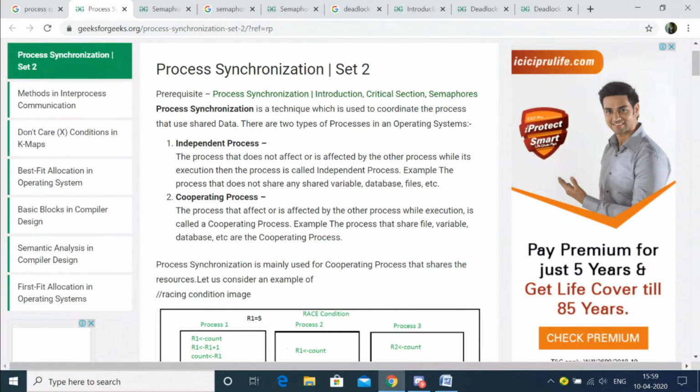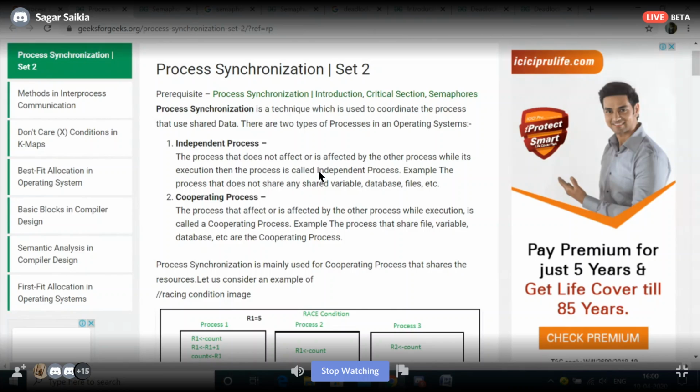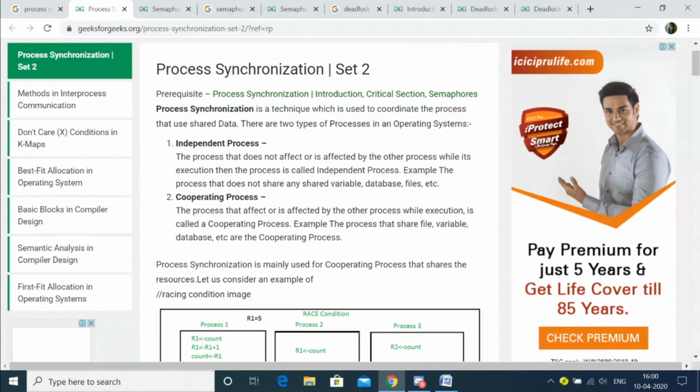It is a kind of method which is used to coordinate the processes that use shared data. So process synchronization is a method used to coordinate among processes which have common data among them. When we talk about types of processes, there are two: independent process and cooperating process.